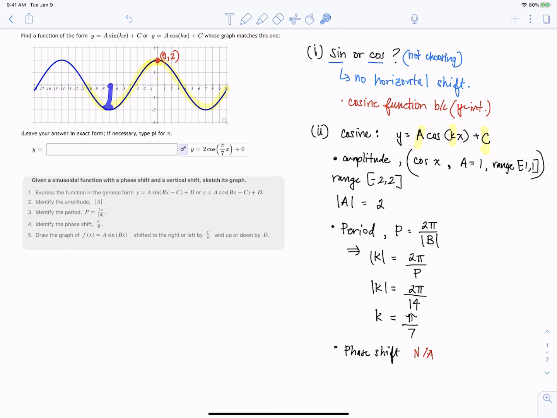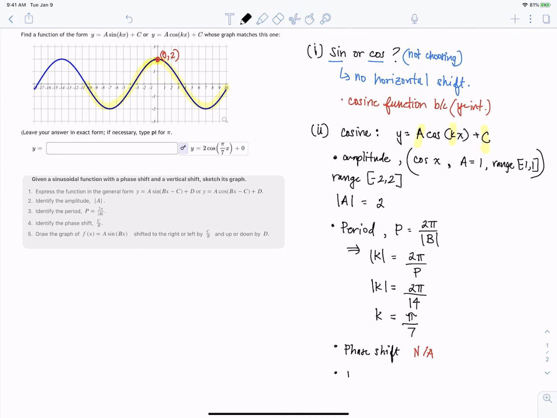If there was a vertical change, we would see this pushed up a little, up here or down here, and then we would have added or subtracted some sort of y unit. In this case, it just looks like we stretched it here and changed its period. So your vertical shift, which is c, is equal to 0.